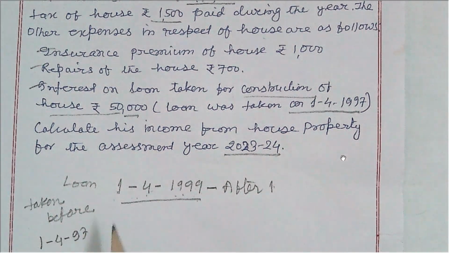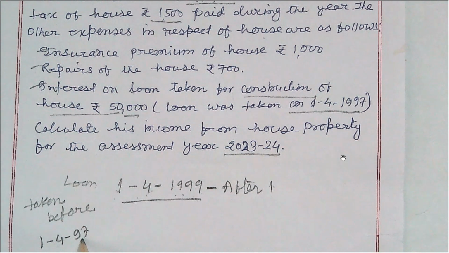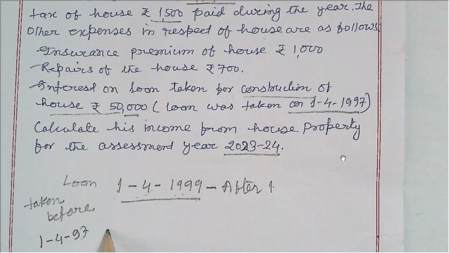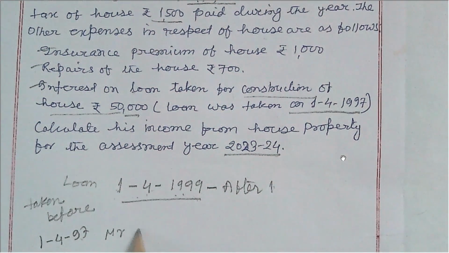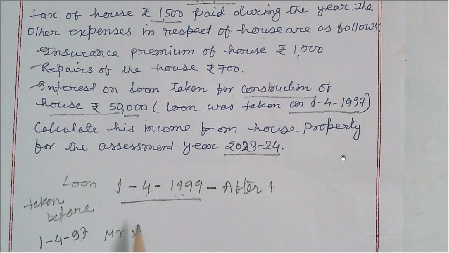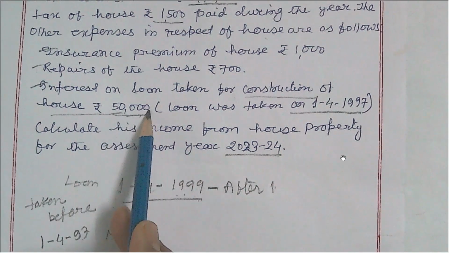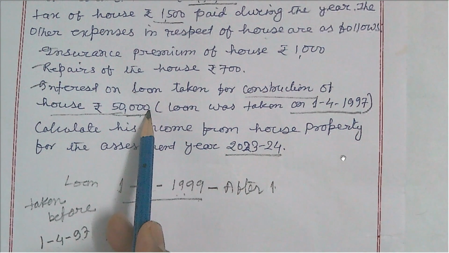The loan amount was taken on 1st April 1997, but interest on loan is still being paid by Mr. X. That means loan amount outstanding is there, and annual interest on house is 50,000.